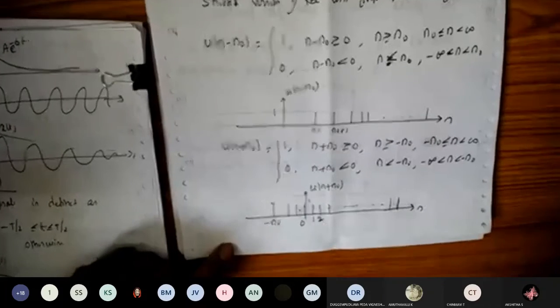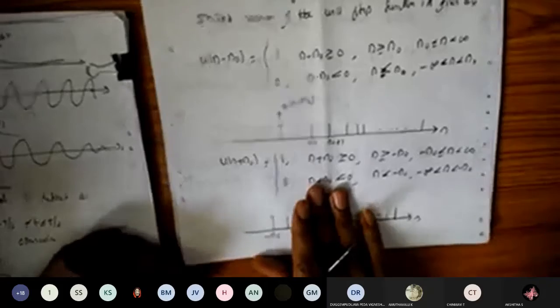Okay, so by using the unit step function, we can express many signals, many waveforms. This is very important, where we express the unit step function as a parameter of many things here. Okay, so let us give the problem here.